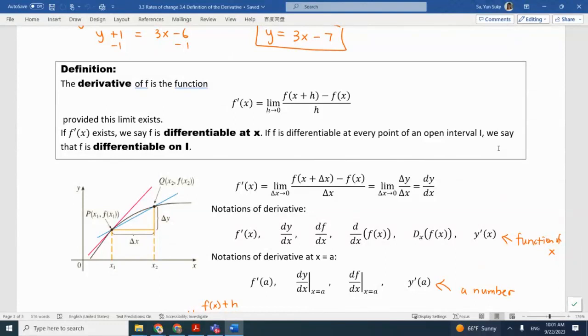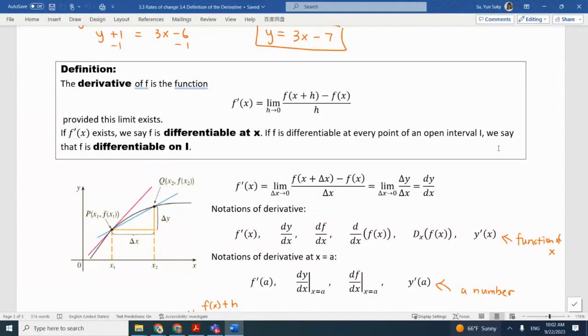If we have 2 points, the first point we call x, and the second point we call x plus h, and we let the second point get close to the first point. That's why we have the limit as h goes to 0, and this is the slope of this line. If you draw the picture, then you can write down the formula. You don't just memorize it, but understand it.